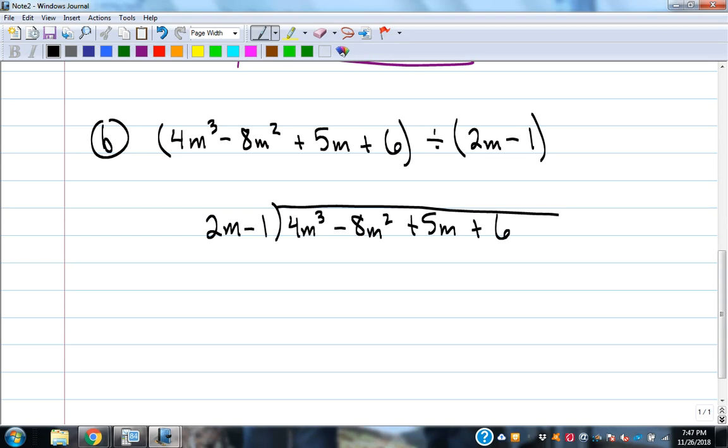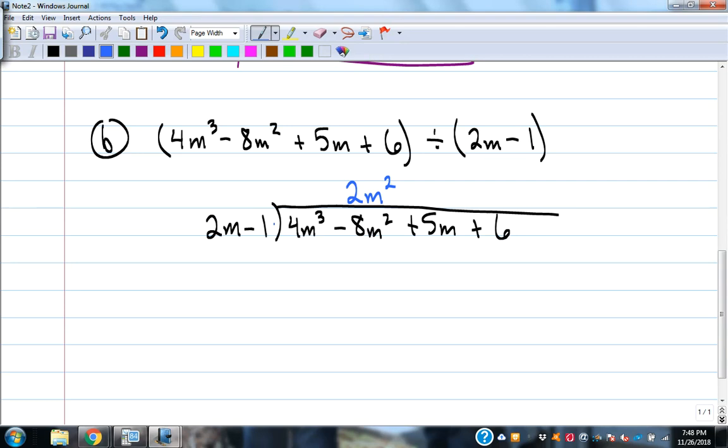Okay. Where do I look at first? What part of that do I look at? All right. So what times 2m gets me 4m to the third? 2m to the second. 2m squared.